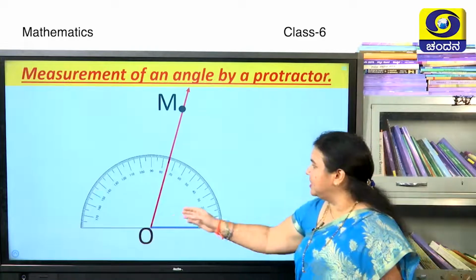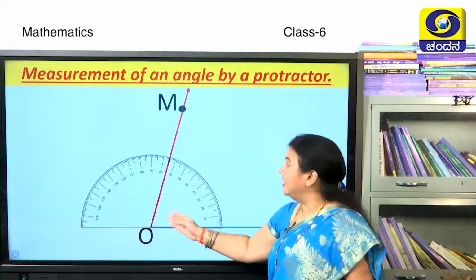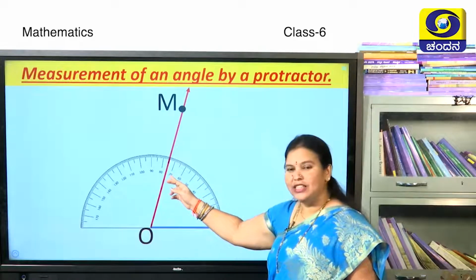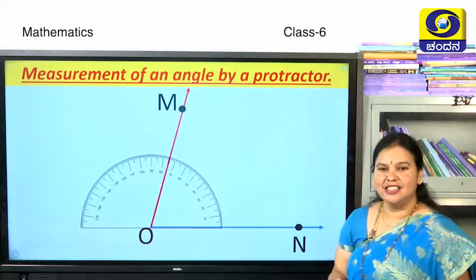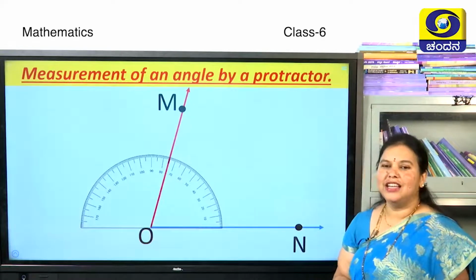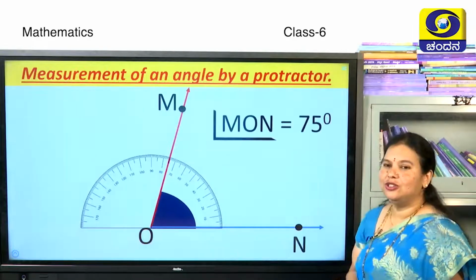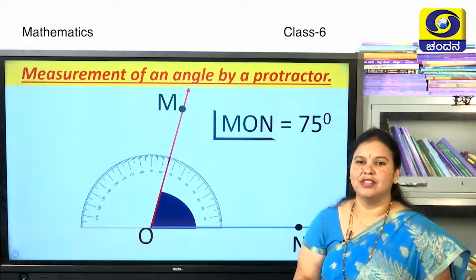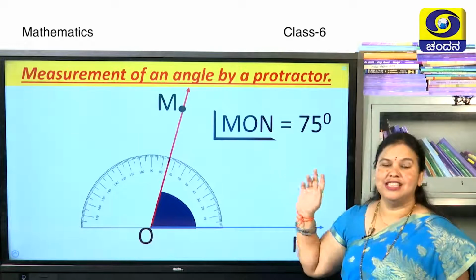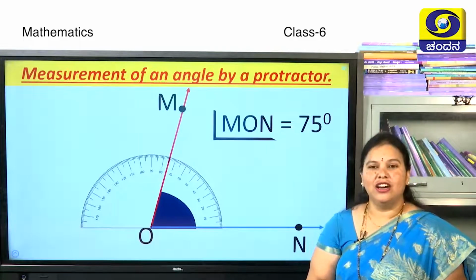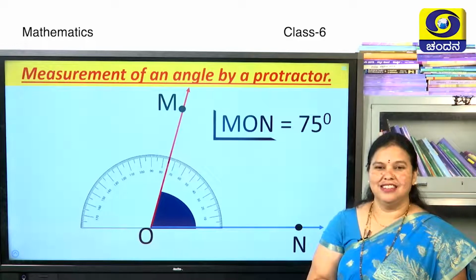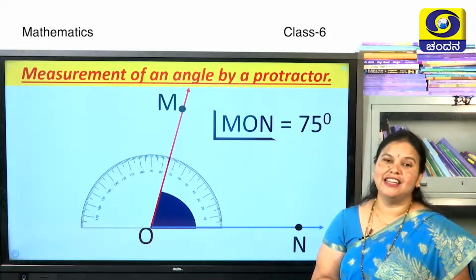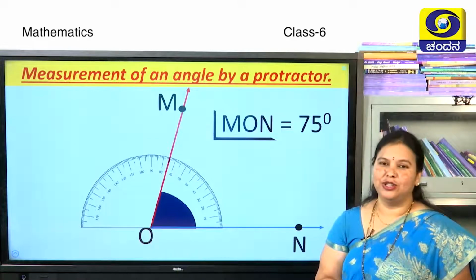Now, we will read the marking on the protractor against the line segment OM. Observe, it is showing 75 degree, isn't it? So, the angle MON is equal to 75 degree, which is less than a right angle. So, the angle which is less than a right angle is called an acute angle, isn't it? So, the angle which measures less than 90 degree is called an acute angle.